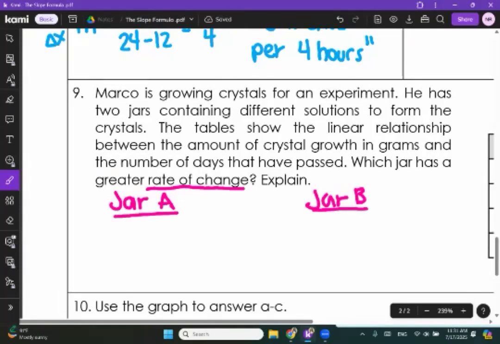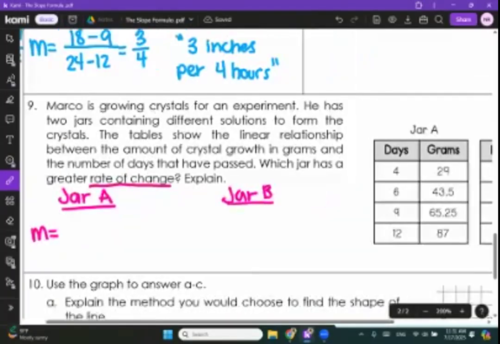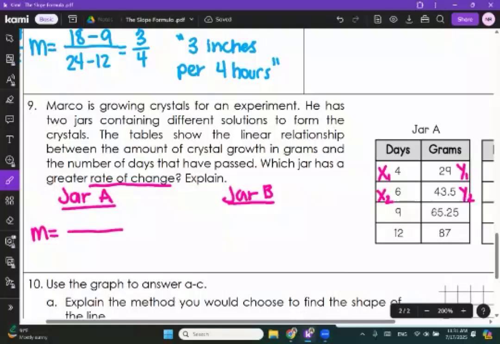Okay, so for jar A, I figure we can just use the top 2. All right, so y2 minus y1, 43.5 minus 29, and 6 minus 4.